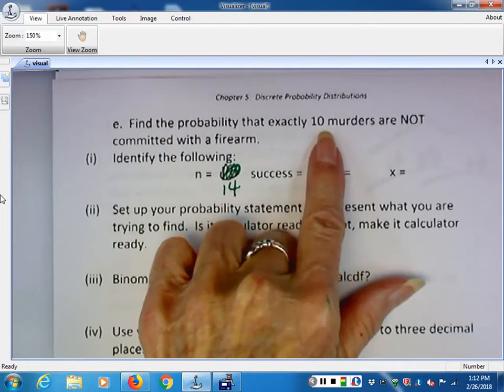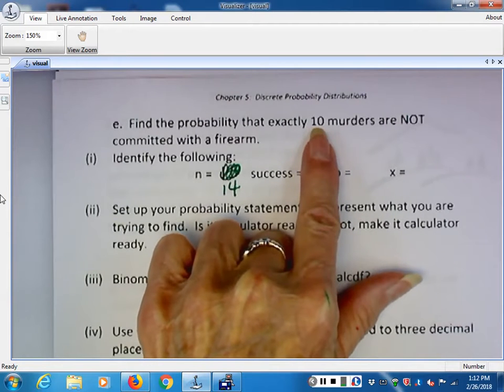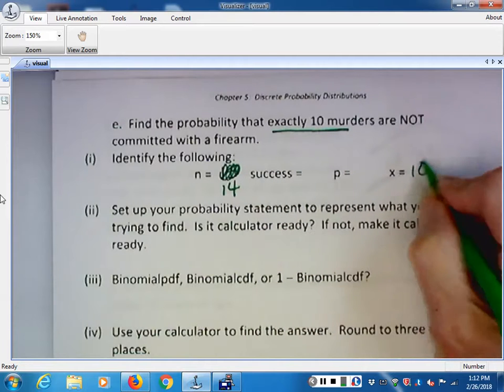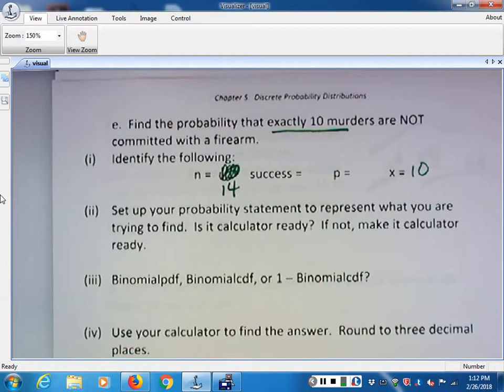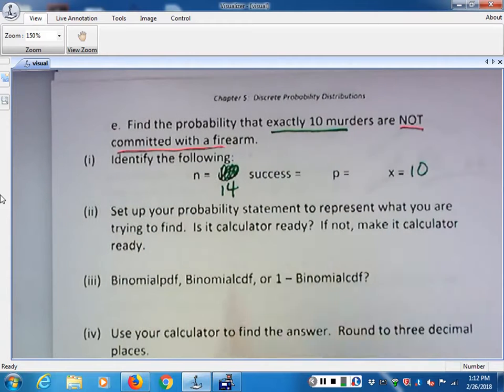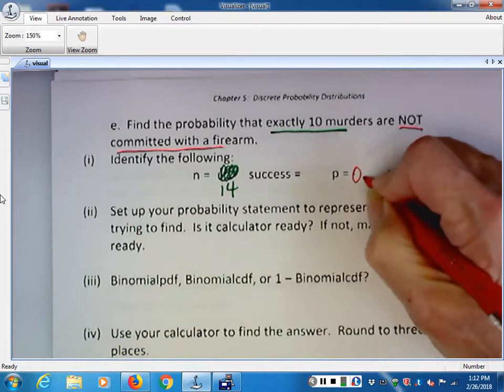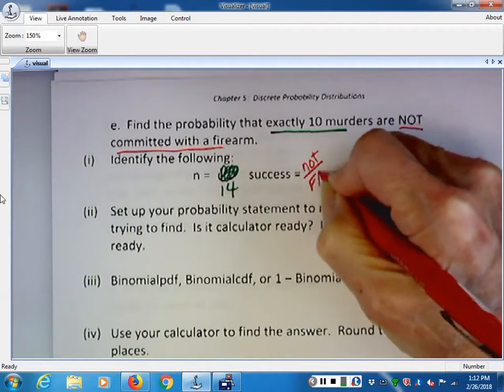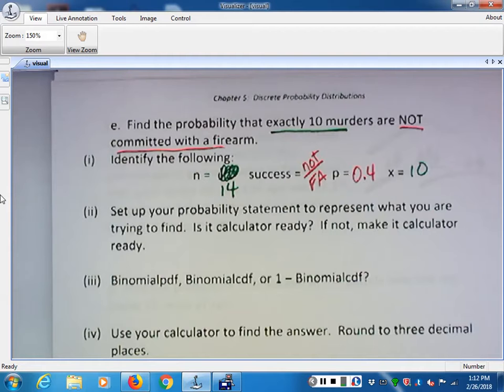It says, find the probability that exactly 10, but then read what it says about how they're done. They're not committed with a firearm. What is success now? 0.4. That's right. Probability of success is 0.4 because this is not firearm related. So you have to read your question and then adjust your success statements.